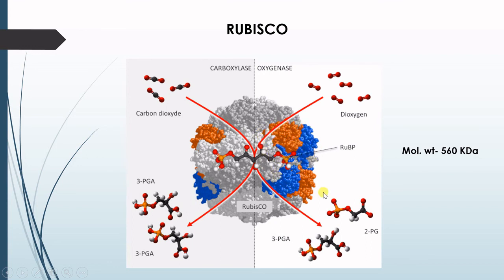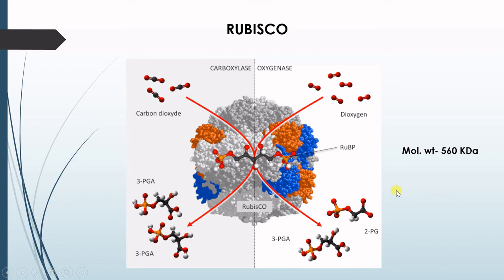When oxygenation of RuBP takes place, along with 3-PGA another molecule is formed, that is 2-phosphoglycolate. This molecule acts as the starting compound for an unwanted cycle, the C2 cycle of photorespiration, which is added to the C3 cycle and causes many problems.